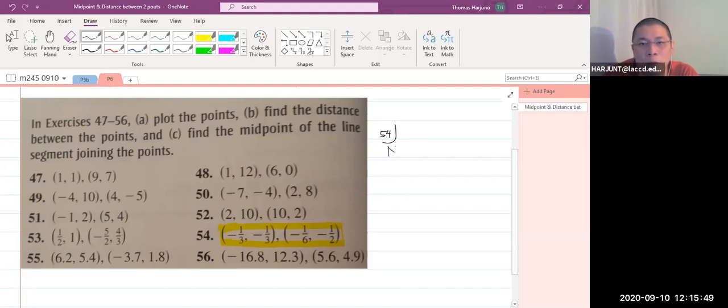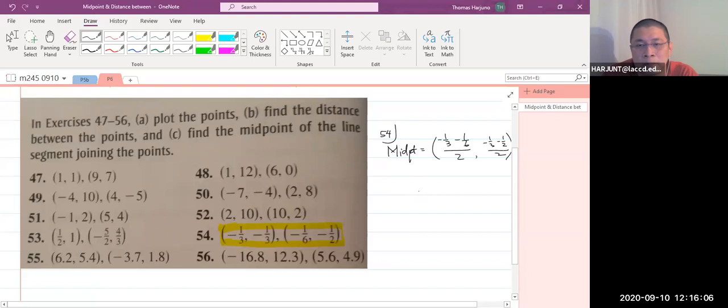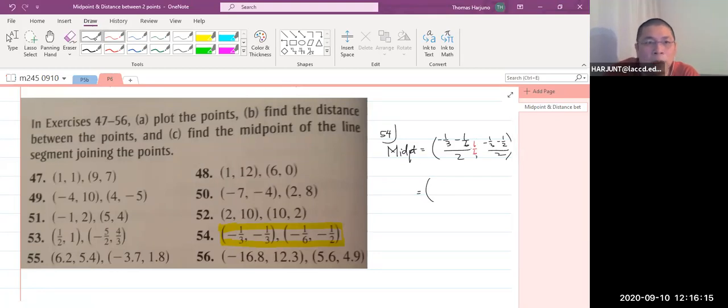So the midpoint will be 1/2 of the sum of the x's, comma, 1/2 of the sum of the y's. The LCD is 6. You see, this is a complex fraction, right? So I multiply the top and the bottom by 6.